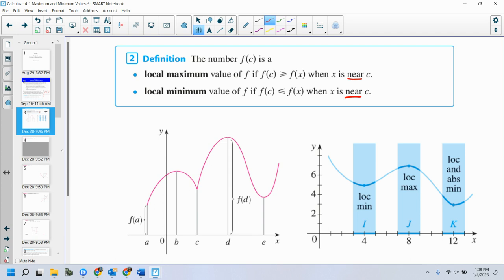A local minimum would be the value of the function that's less than all others around that point, near that point, close to that point. That's what a local maximum or minimum value is.